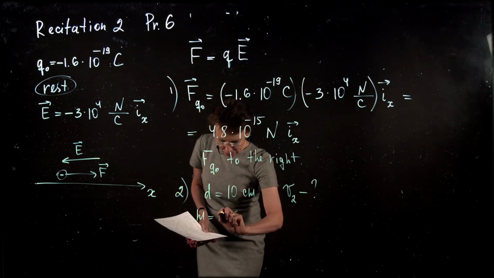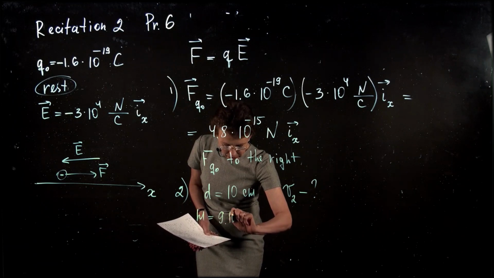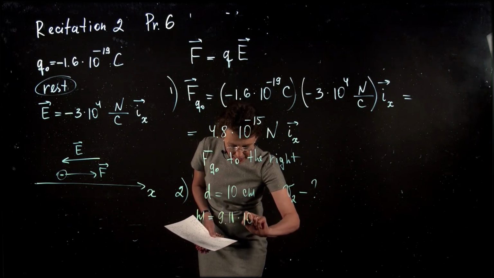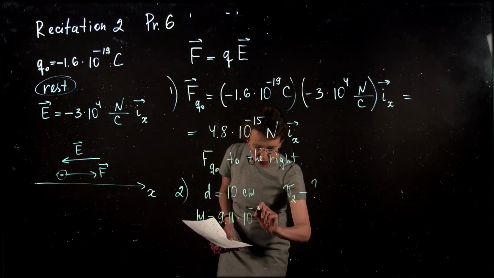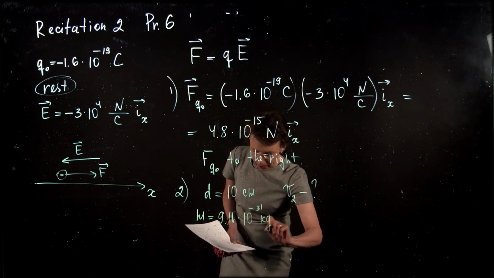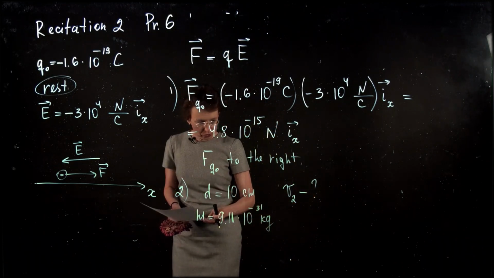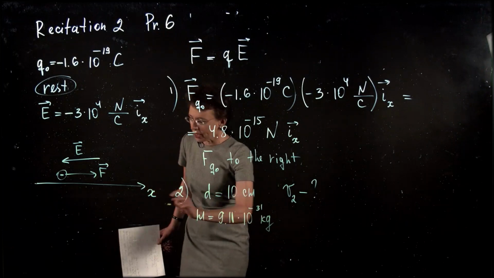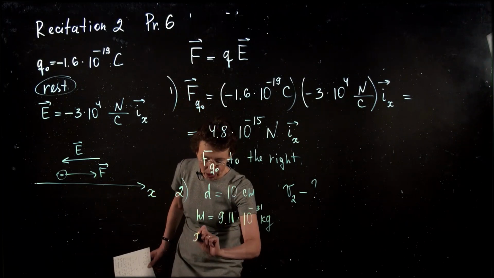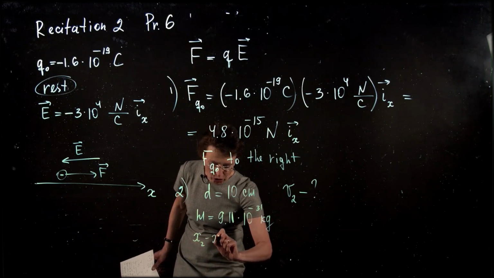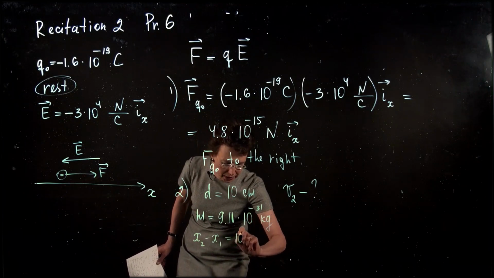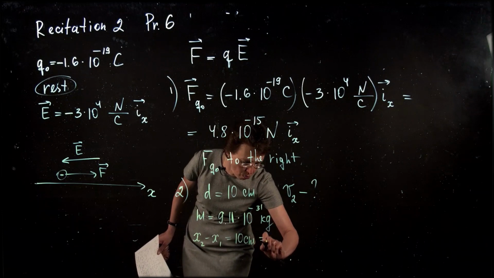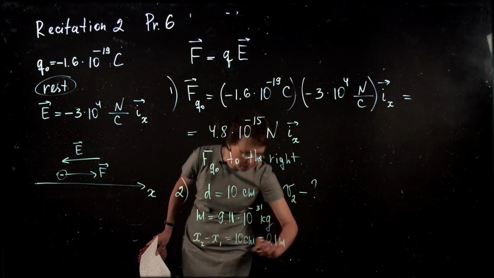It is 9.11 times 10 to the minus 31 kilograms. Distance traveled is 10 centimeters. I have x here, so my distance is x2 minus x1, 10 centimeters, or 0.1 meters.